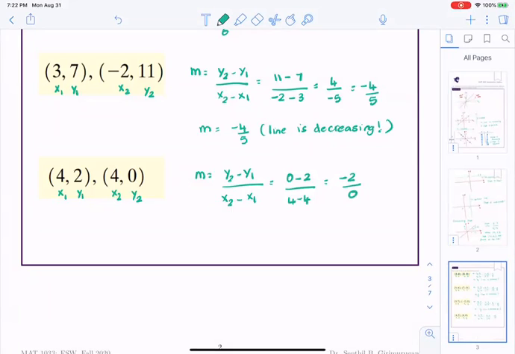You simply cannot divide a number by 0. If you divide a number by 0, it is undefined. So the slope here is undefined. If the slope is undefined, the line is vertical.